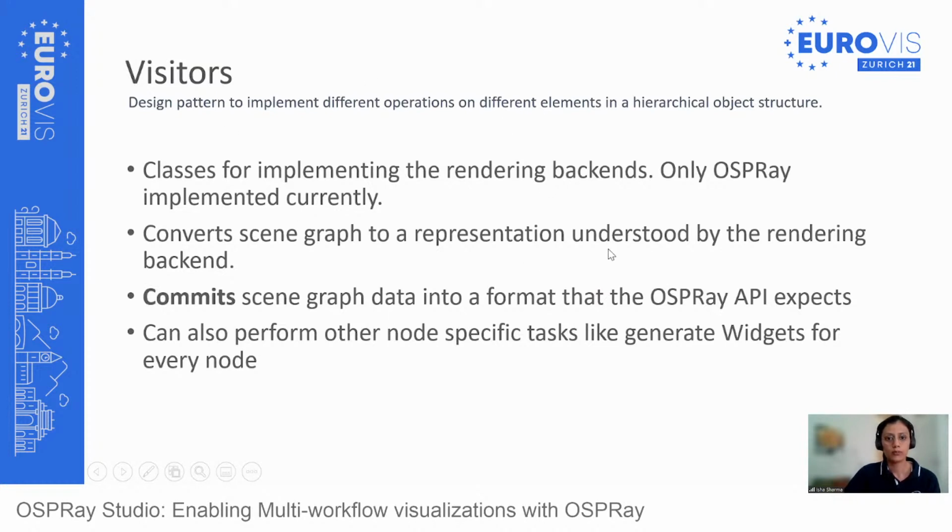Apart from creating the render graph or the scene representation that the backend would expect, they can also perform other node-specific tasks like generating widgets for an expandable GUI editor for the scene graph or other tasks.